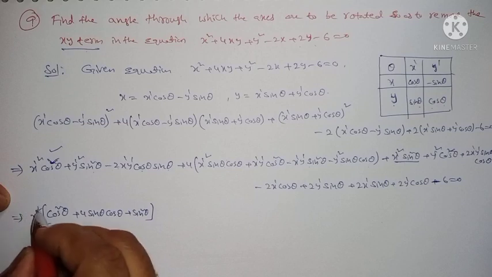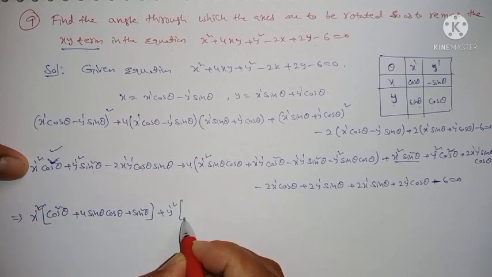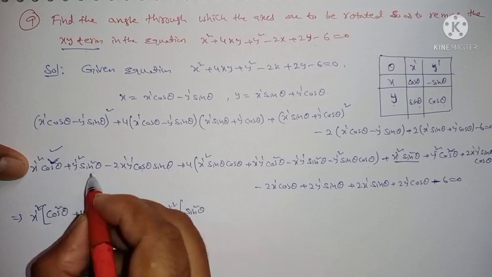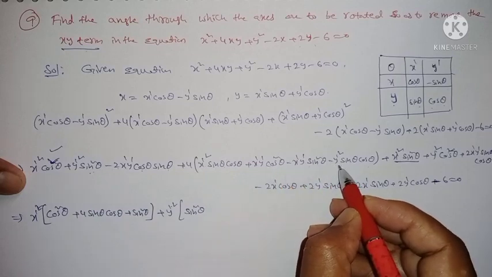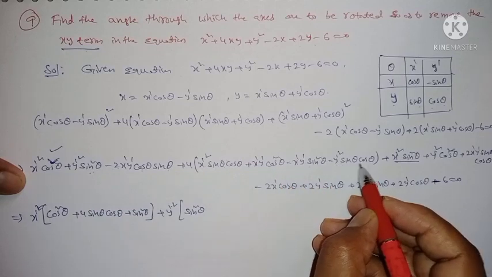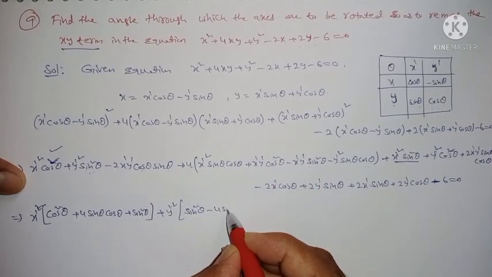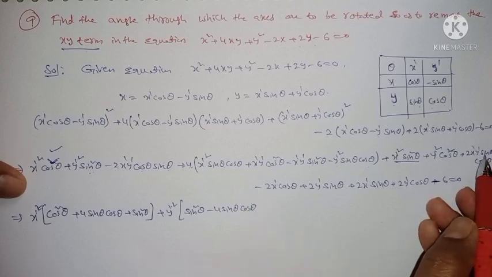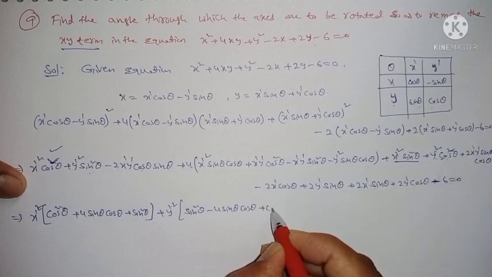Next, the y dash whole square term is sin square theta first, and here you also get minus 4 sin theta cos theta, and the last one is plus cos square theta for y dash whole square.